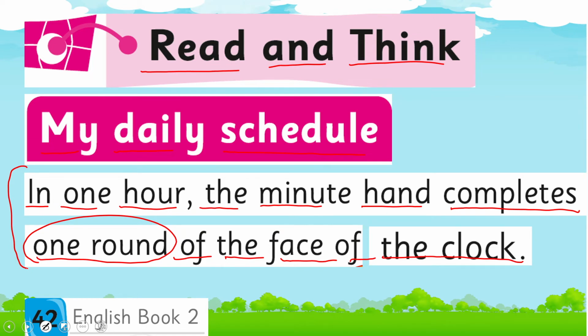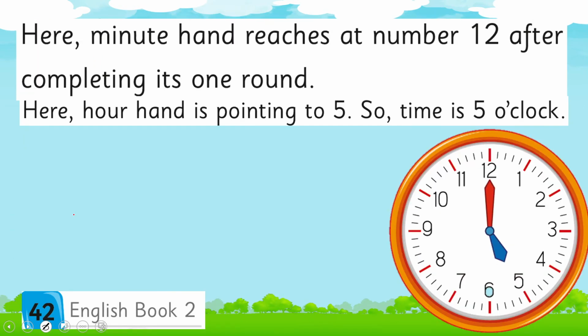When the minute hand completes one round of the face of the clock, it means 1 hour has gone and the hour hand moves to the next number. So here the minute hand reaches number 12 after completing its one round.